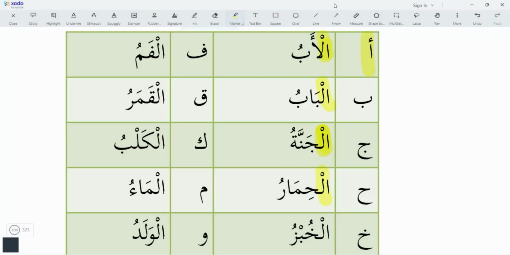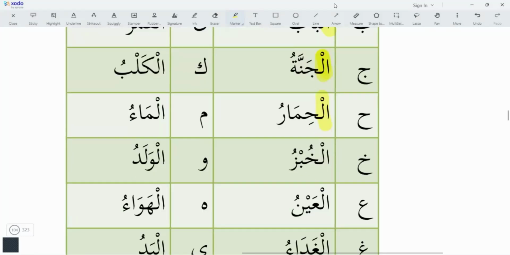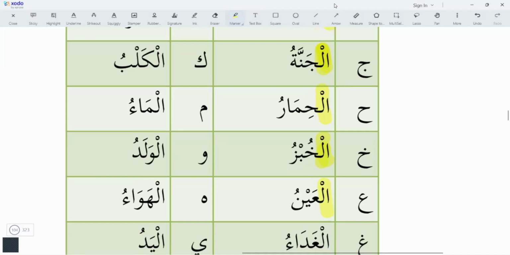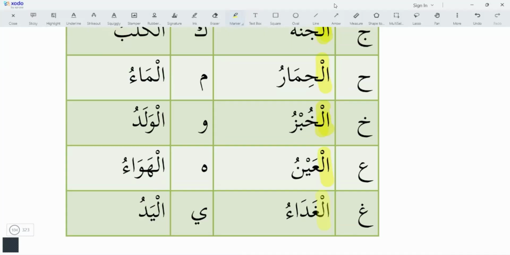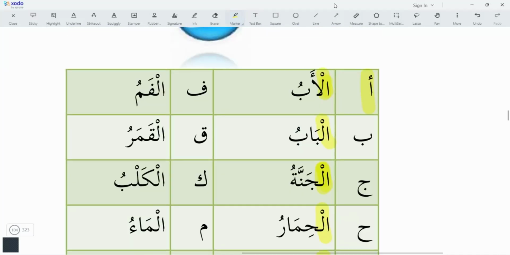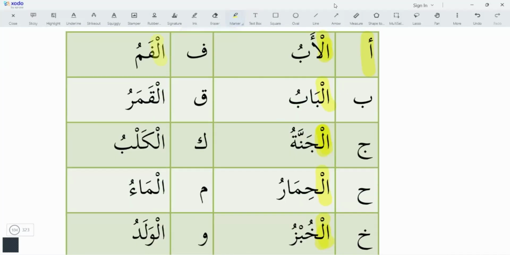Al-himaru, the donkey. Al-khubzu, the bread. Al-ainu, the eye. And al-ghada'u, the lunch. Al-famu, the mouth. Al-qamaru, the moon.